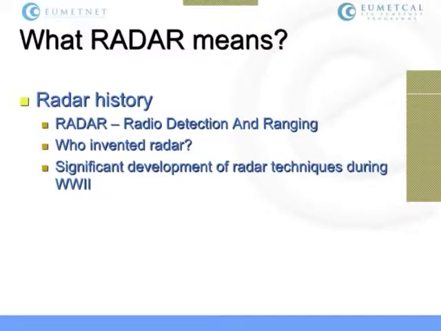In our case, it is about the meteorological targets, so the precipitation particles, but also during the following lessons, we will see that the radar does not see only the precipitation, but also other targets.